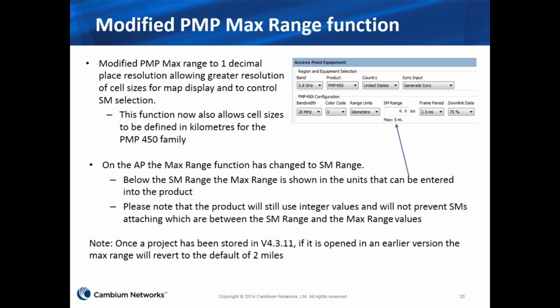So if you pass projects from one person to another and you're using this new function, then you need to be careful when a project gets passed back to an old version. That is going to be something that may catch you out.